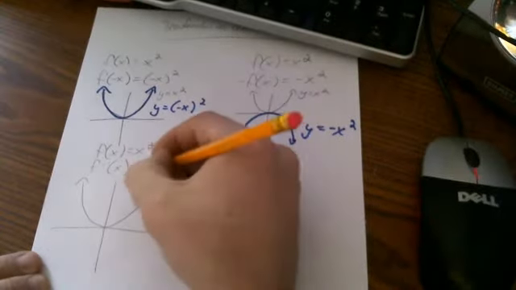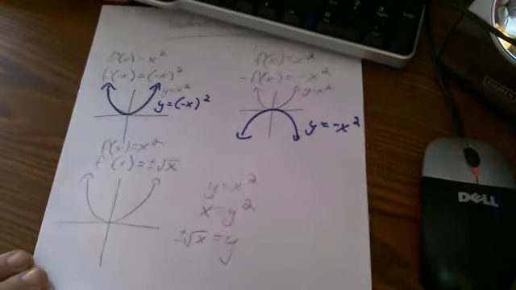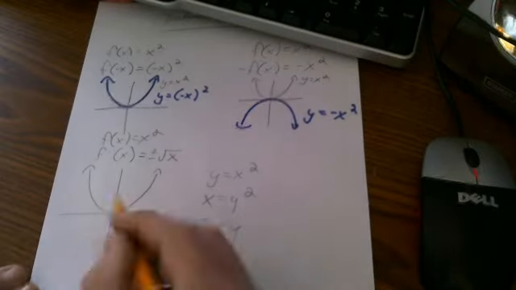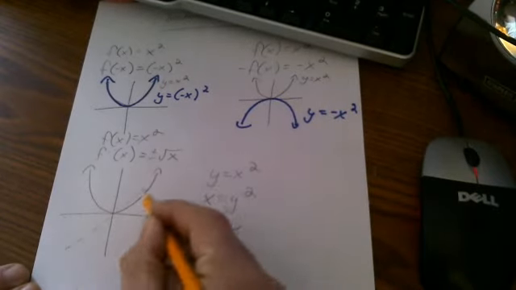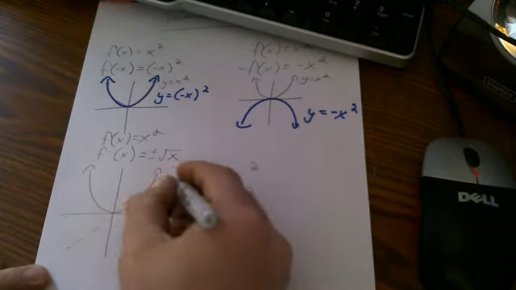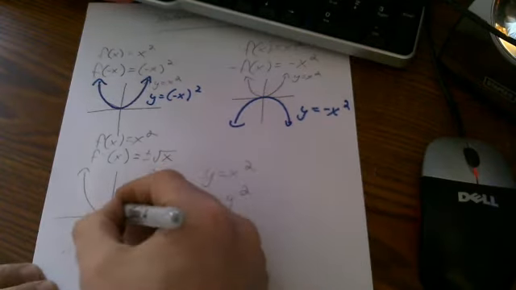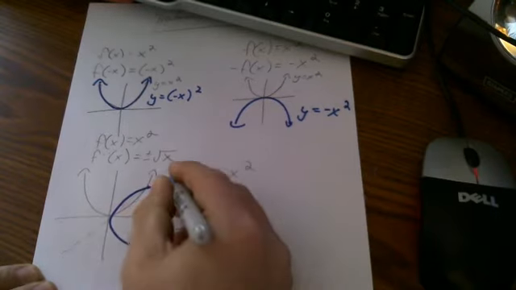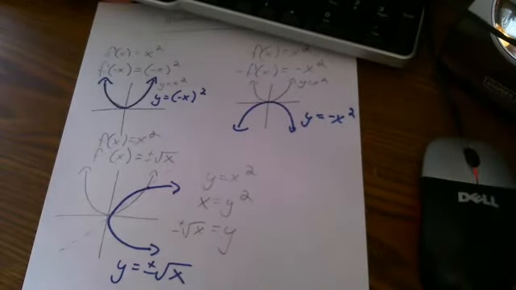So our inverse is both positive and negative radical x. Now we know that graphically, this is a reflection over the line y equals x. So our graph of the inverse will look like that. And that is the graph of y equals positive and negative radical x.